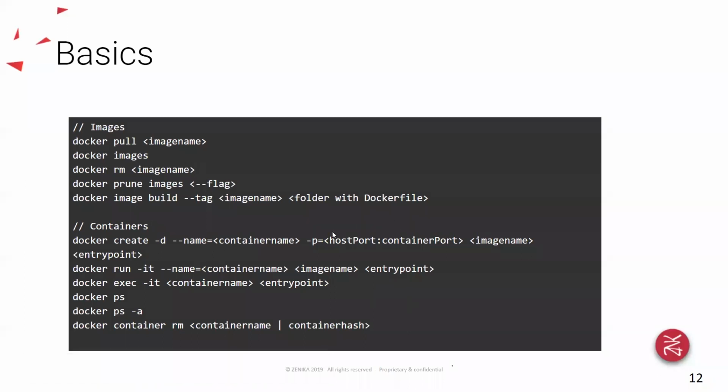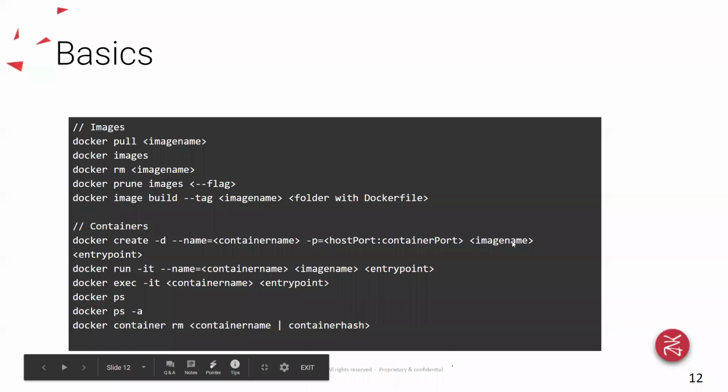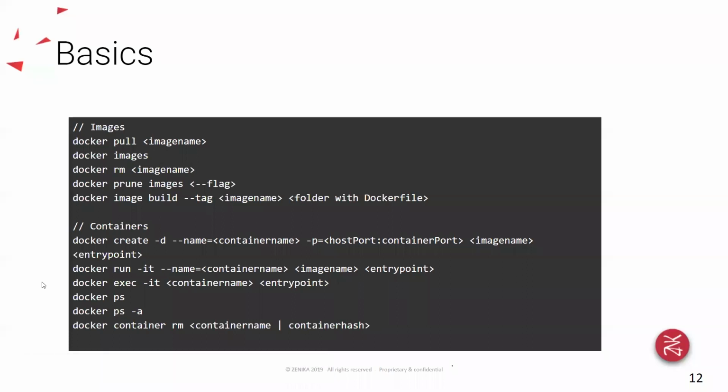We can pass in the port. It's like publishing, connecting our localhost port with a container port. This is important, and I'll explain why afterwards. We can pass in the image name that we're building on top of. And we can also pass in an entry point. I think we can't do this here. This is on the next one.